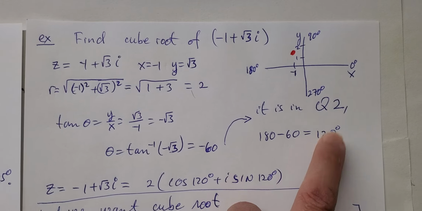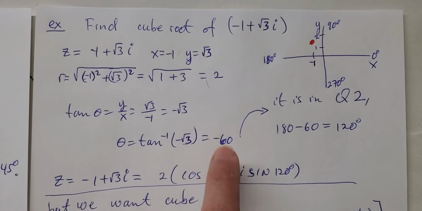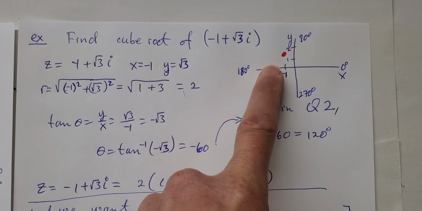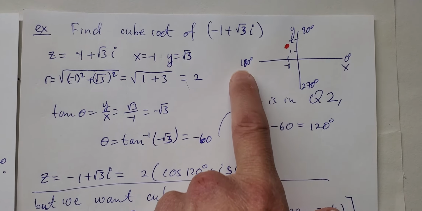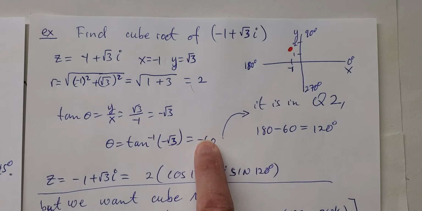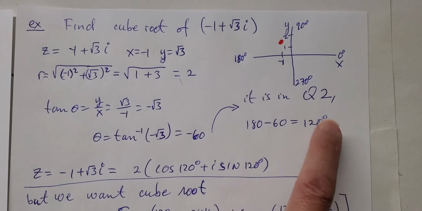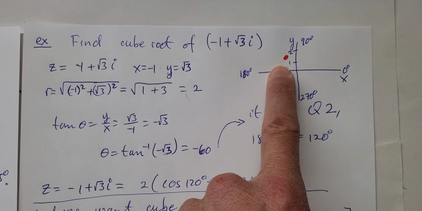This is the angle that we need. One more time, your calculator will come out to be negative 60. However, we are in the 2nd quadrant, so we have to take 180 subtract 60, which gives me 120 degrees. This is the degree that we need because it is in the 2nd quadrant.